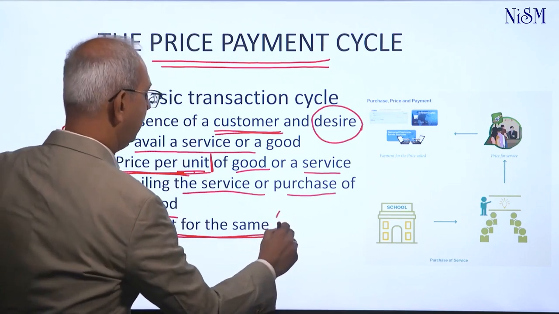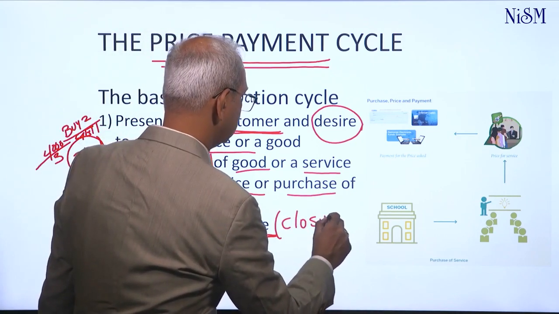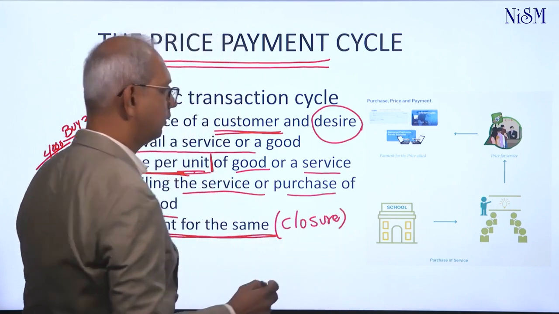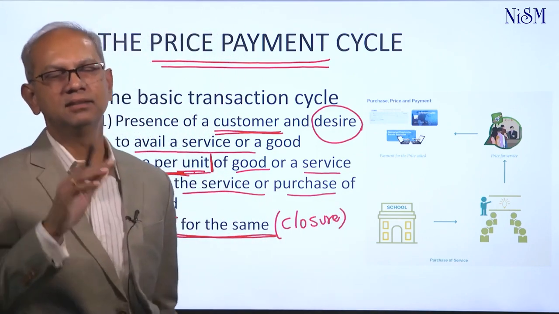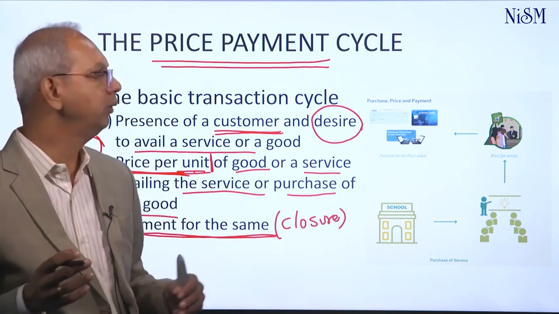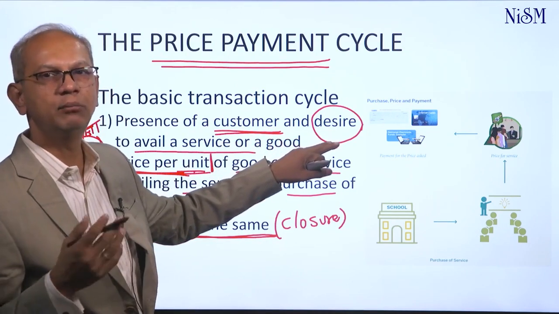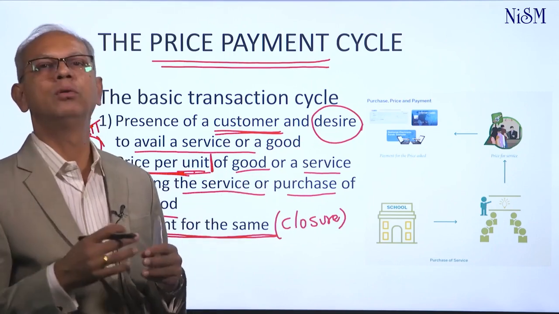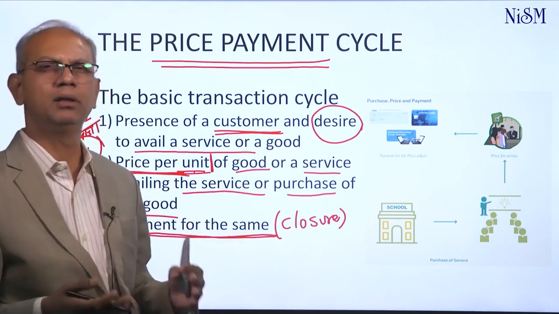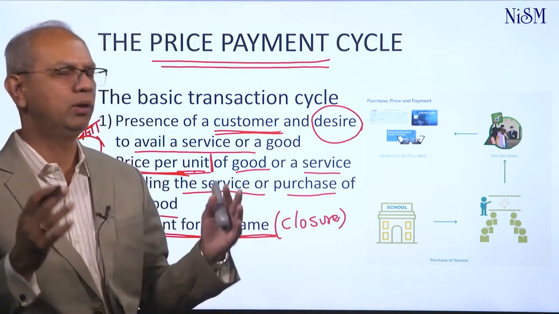So payment finally is actually a closure of the entire transaction, the entire activity that you are doing, right from the desire that came to your mind that today I'm going to shop for a particular book, a pair of jeans, a white good, whatever you have in mind, right?